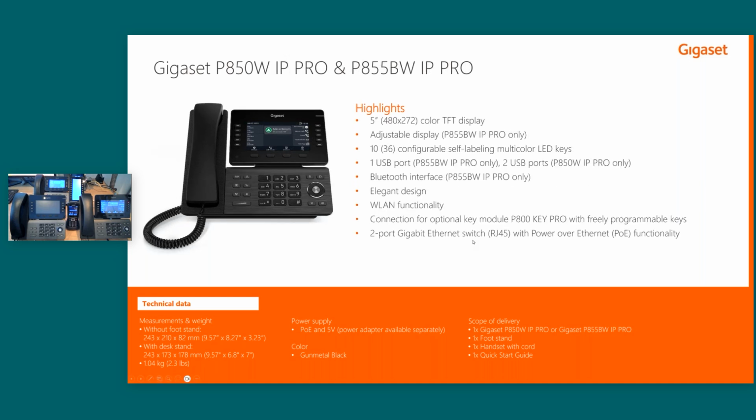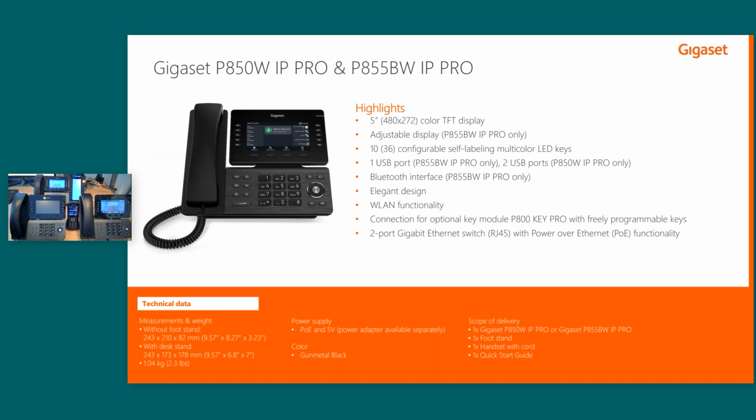And then the top devices, P850 W, with a W for Wi-Fi, and P855 BW, where the 5 stands also for the tiltable display, Bluetooth, and Wi-Fi in one device.